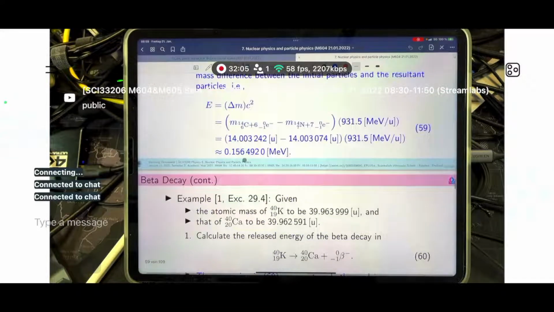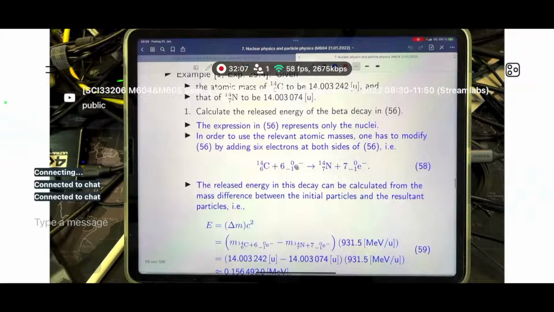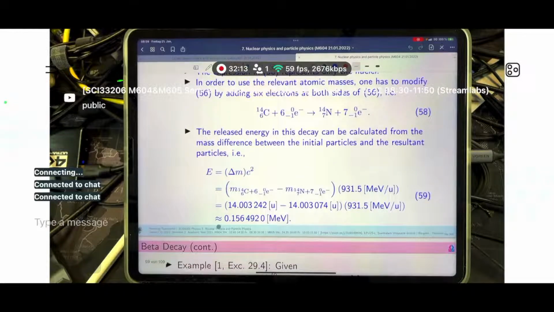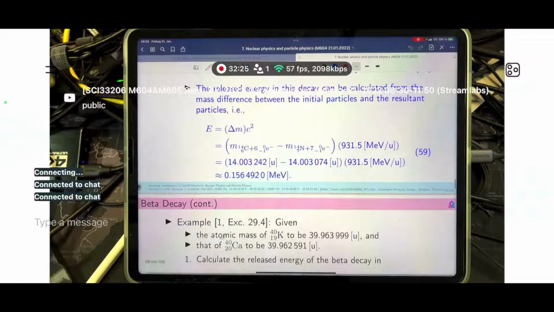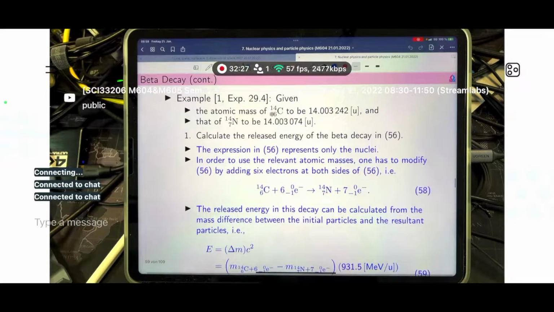Okay, let's compare for a small nucleus like carbon-14 or nitrogen-14. We got the energy of 0.1516 mega electron volt. But once we go to the bigger nucleus like potassium-40 to calcium-40 or something, the number of neutrons changes from 14 to 40.